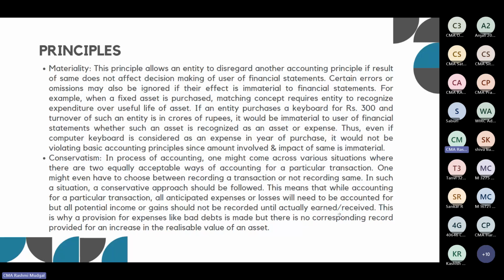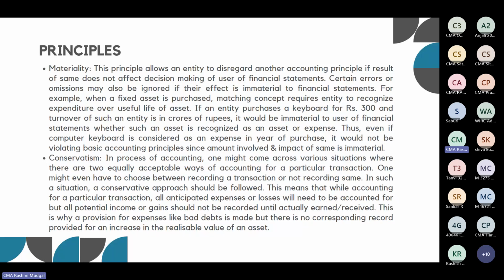Conservatism. Conservatism, as the word says, is a process of accounting. One might come across various situations where there are two equally acceptable ways of accounting for a particular transaction. One might even have to choose between recording a transaction or not recording it. In such a situation, a conservative approach should be followed. This means that while accounting for a particular transaction, all anticipated expenses or losses need to be accounted for, but all potential income and gains should not be recorded until actually earned and received.